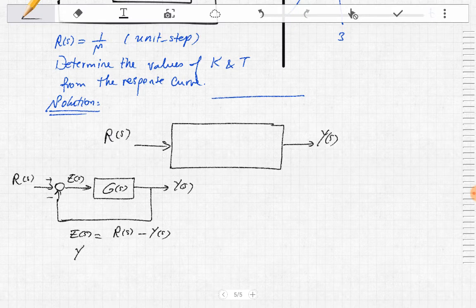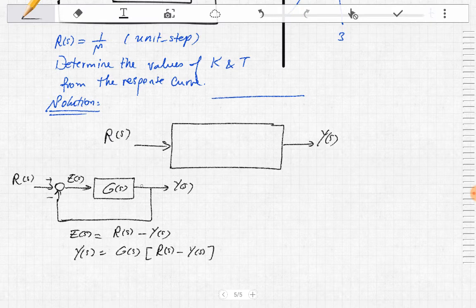And Y of S, the output, is equal to the input times G of S. So Y of S is equal to G of S times E of S, which is R of S minus Y of S. That's how we find the output for anything: multiply the input by the transfer function.